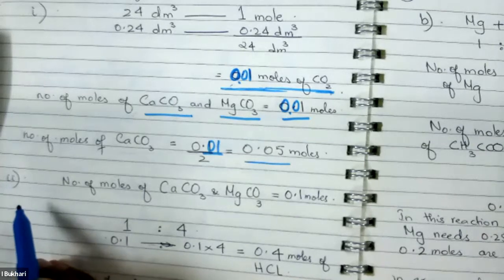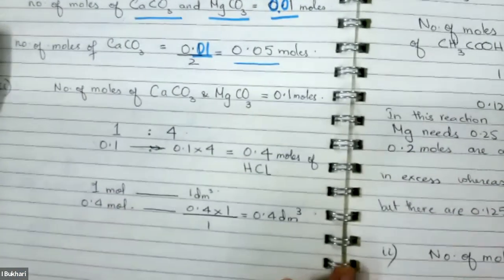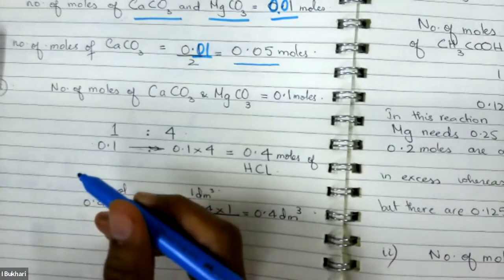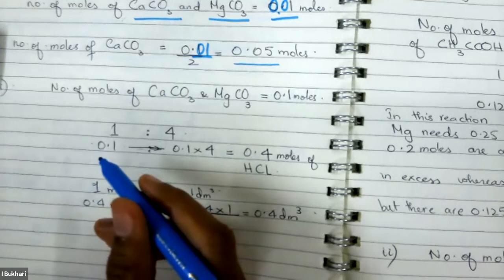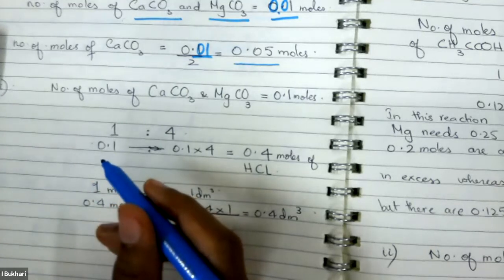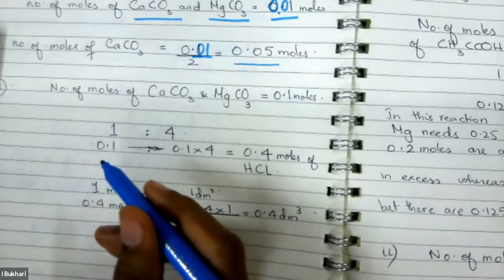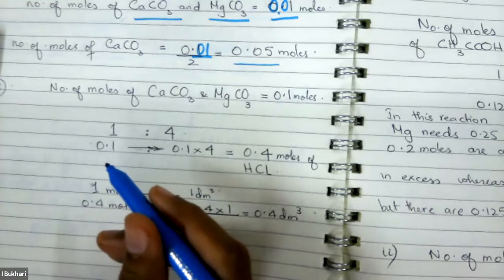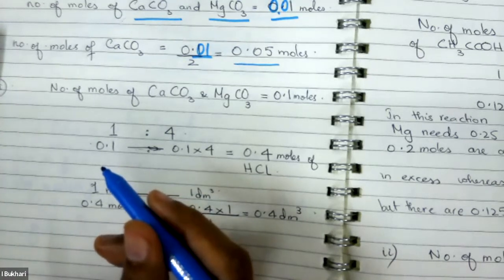Okay, question part 2. Calculate the volume of hydrochloric acid, 1 mole per dm cube, needed to react with 1 tablet. Now 1 tablet means both calcium carbonate and magnesium carbonate are present in a tablet. So first, they want you to calculate the number of moles of calcium carbonate and magnesium carbonate in one tablet.